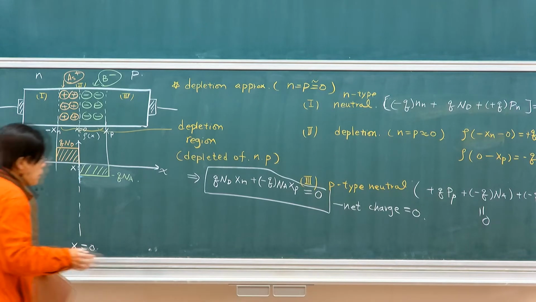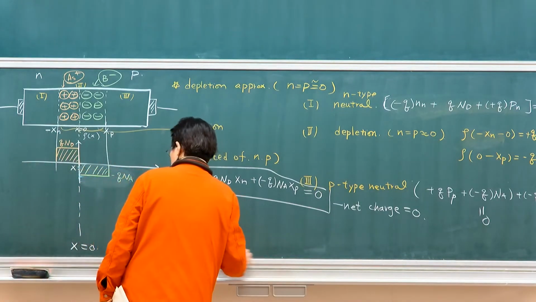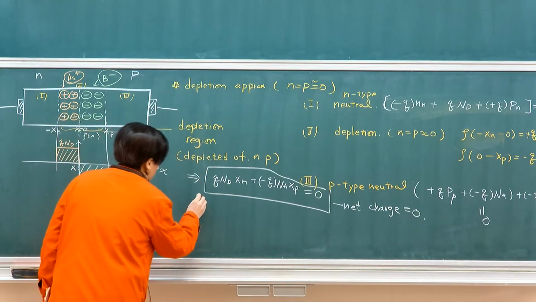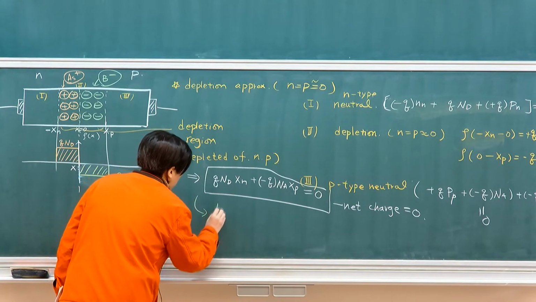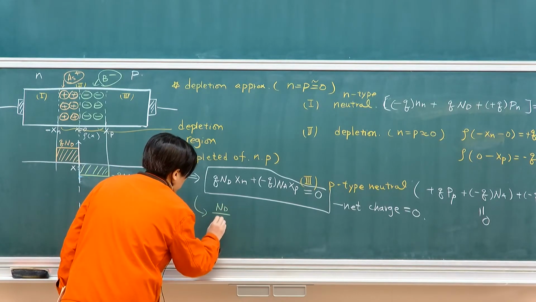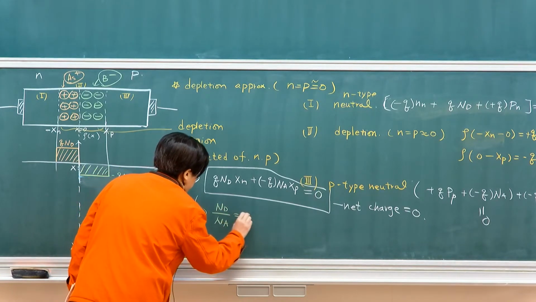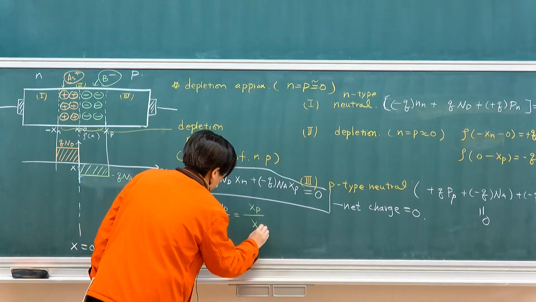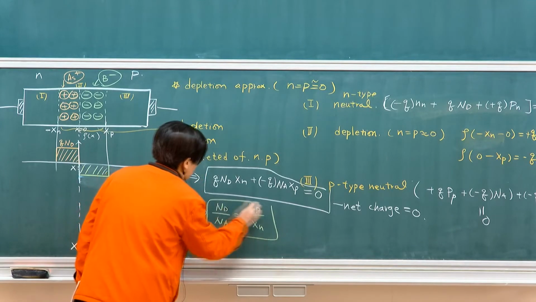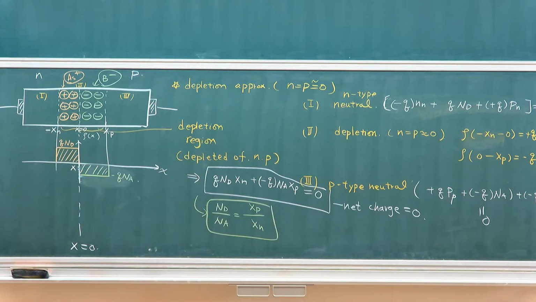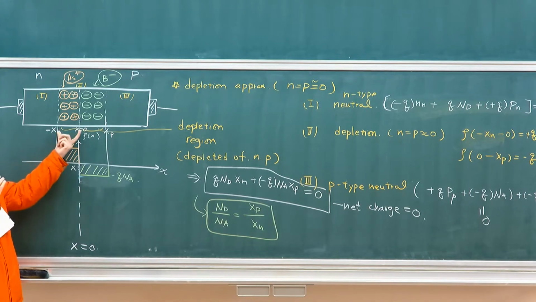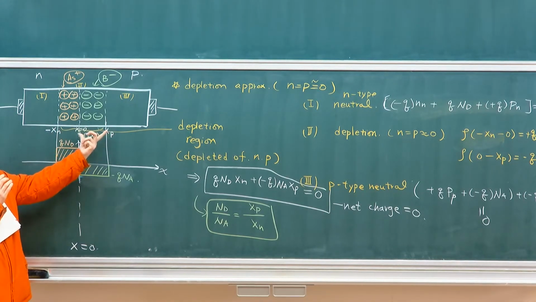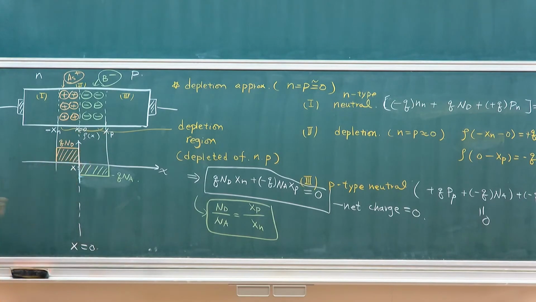This gives a very interesting result: Nd and Na are inversely proportional to their depletion widths. We call it the depletion width: xn is the depletion width to the N side, and xp is the depletion width to the P side.